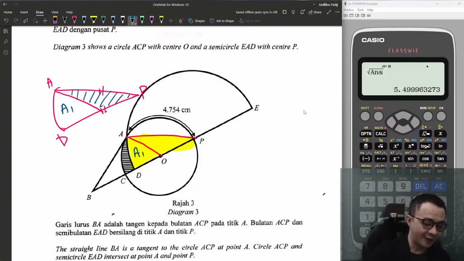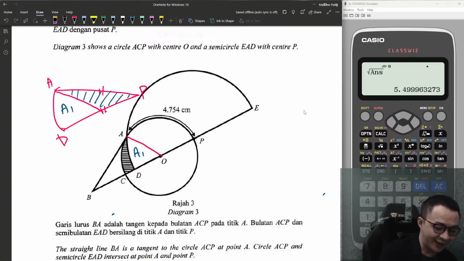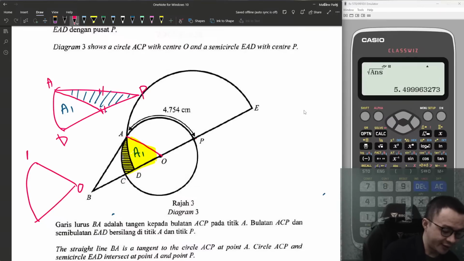Why do I want to do it like that? Because if I erase like this, you should be able to see another sector. Do you see a big sector like this? OAC. So we have something like this, OAC, and then we have an A1 inside here.